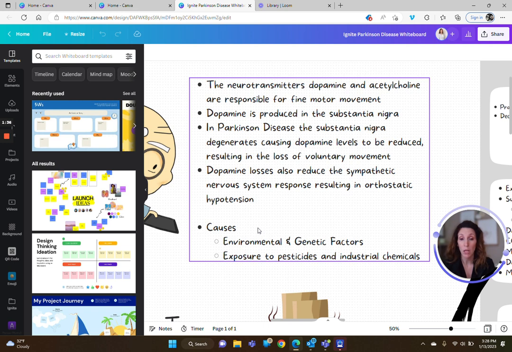Also, dopamine losses reduce the sympathetic nervous system response, resulting in orthostatic hypotension. So the sympathetic nervous system is that thing that gets activated whenever a bear is chasing you. When you think about the sympathetic nervous system, it helps to increase your heart rate and increase your blood pressure and all of that.